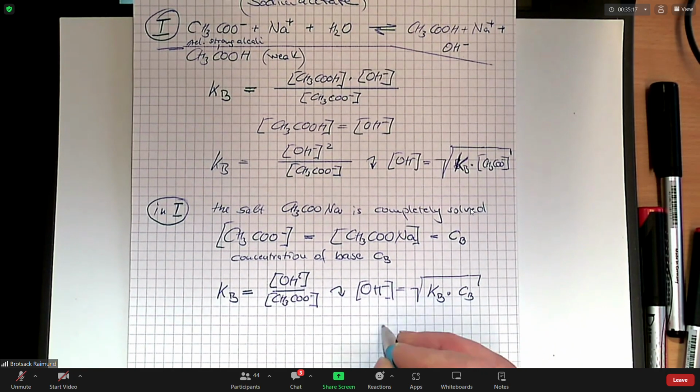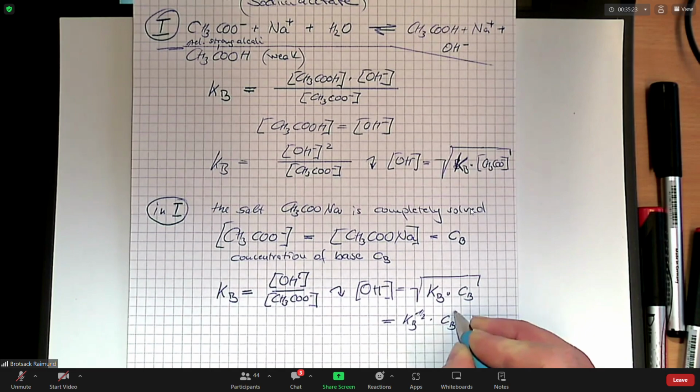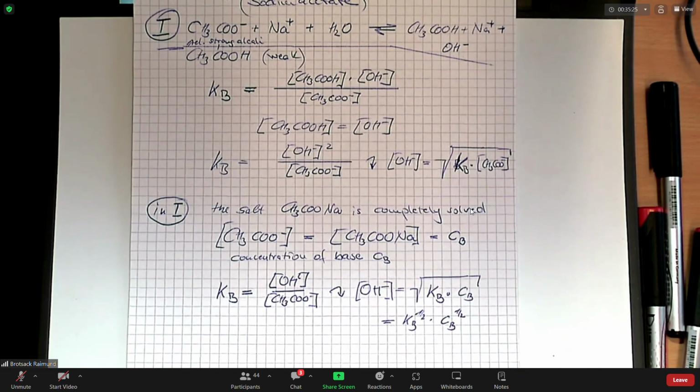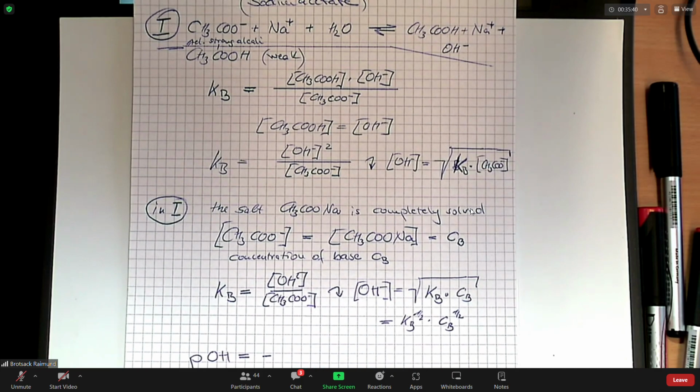Which is similar to KB to the power of 1/2 times CB to the power of 1/2. And the pOH, now the negative logarithm of all of that.